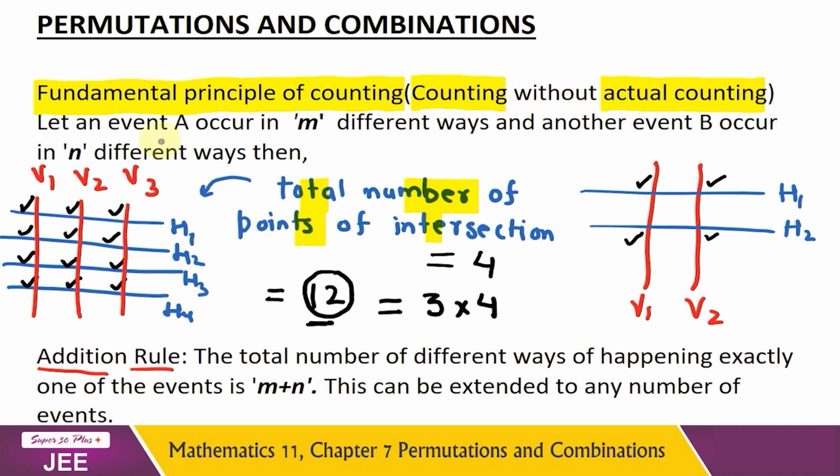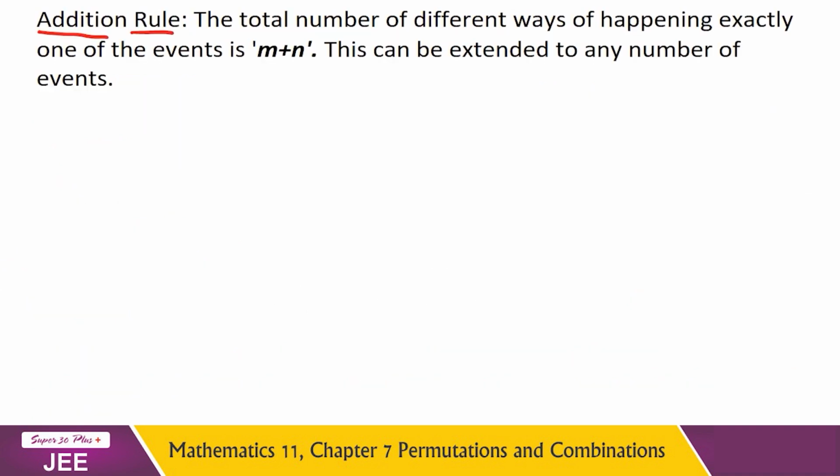Let an event A occur in m different ways and another event B occur in n different ways. So we have an event A, and event A can occur in how many different ways? M different ways. And another event B, which is happening in how many different ways? It is happening in n different ways.